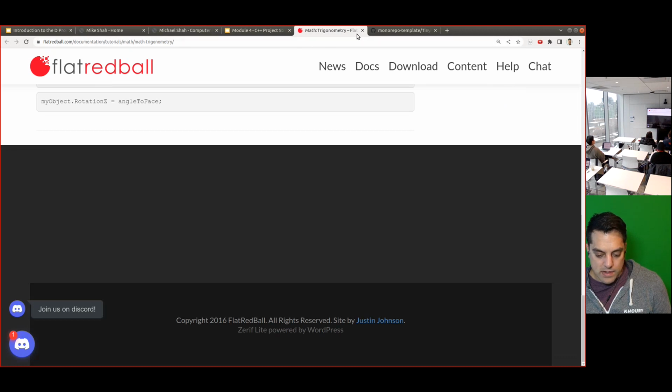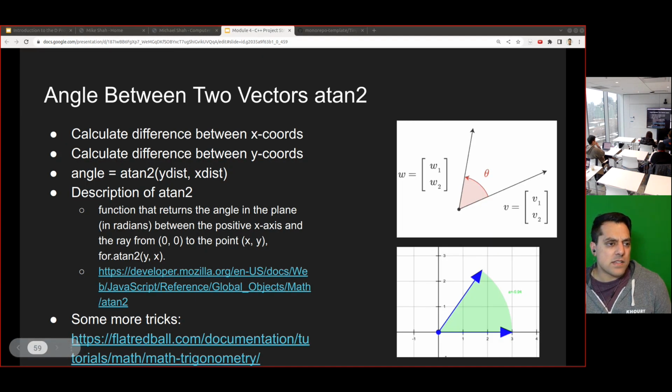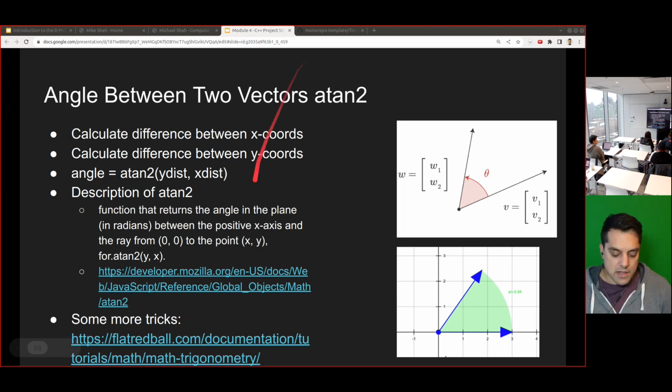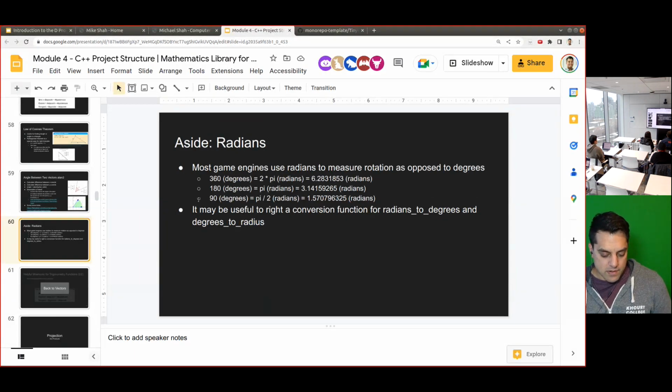Give me one second. I think it's in my history here. Game Math 2D. I'll just show you something a little bit more interactive here. 2D engine. Here it is. Let me paste in the link here just so it's preserved forever.